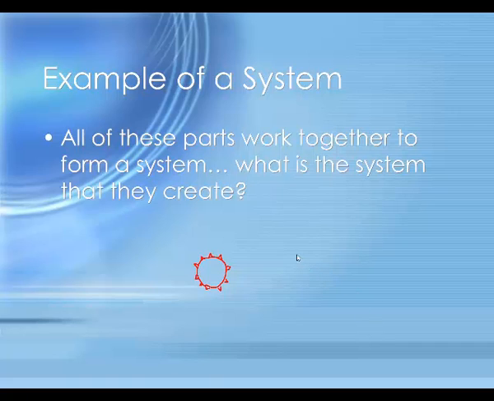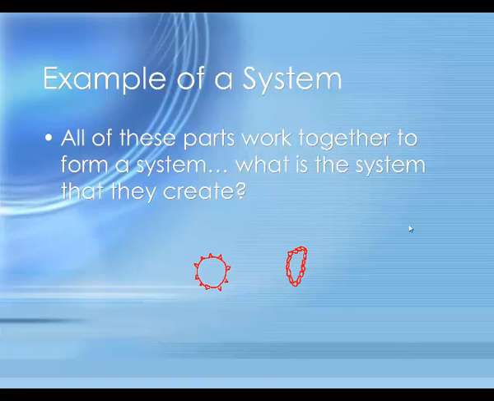Let's go on to the next part. Okay, there's the next part to this system. What is our overall system? Yes, sir? Chain. That could be a chain, I suppose. Not a ball and chain. That is not our system.